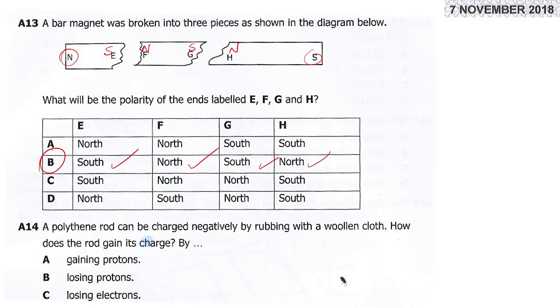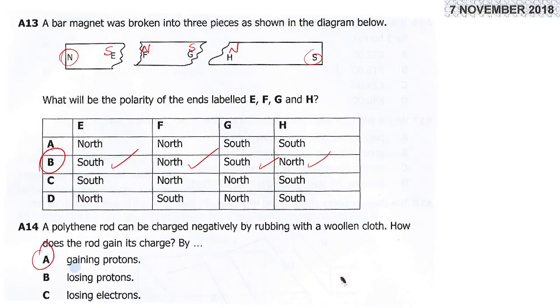A polythene rod can be charged negatively by rubbing with a woolen cloth. How does the rod gain its charge? By gaining electrons.